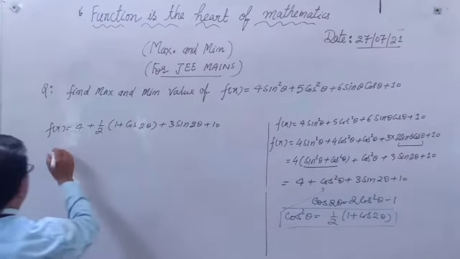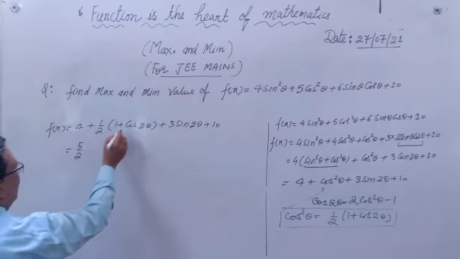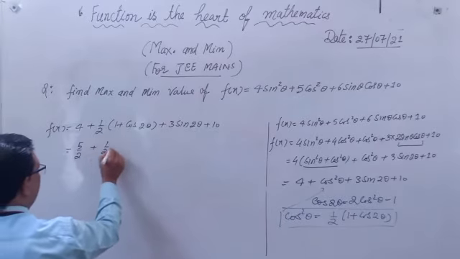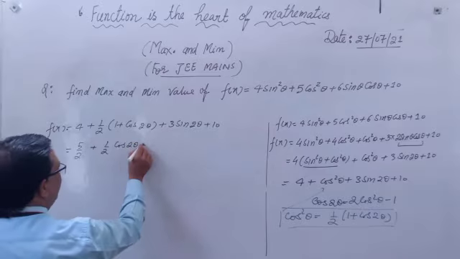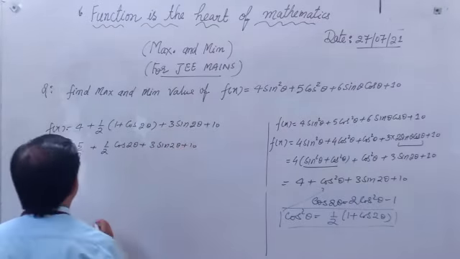Open the bracket: this is 4 plus 1 by 2, which is 5 by 2, and this is 1 by 2 cos 2 theta plus 3 sin 2 theta plus 10. We can arrange this as 3 sin 2 theta plus 1 by 2 cos 2 theta, and 5 by 2 plus 10. What is 5 by 2 plus 10? It is 25 by 2.